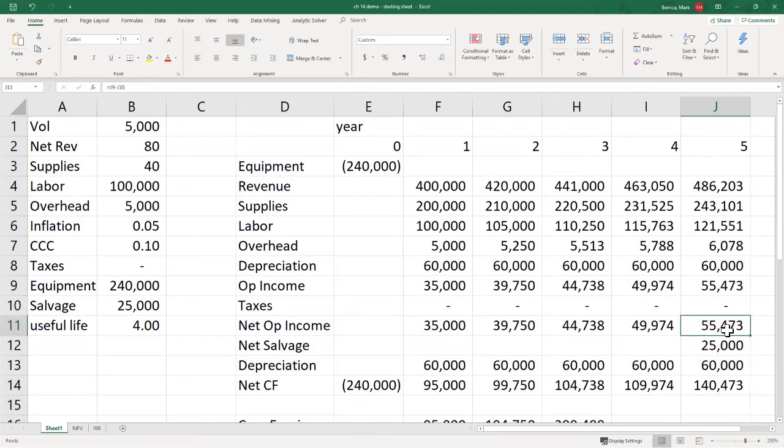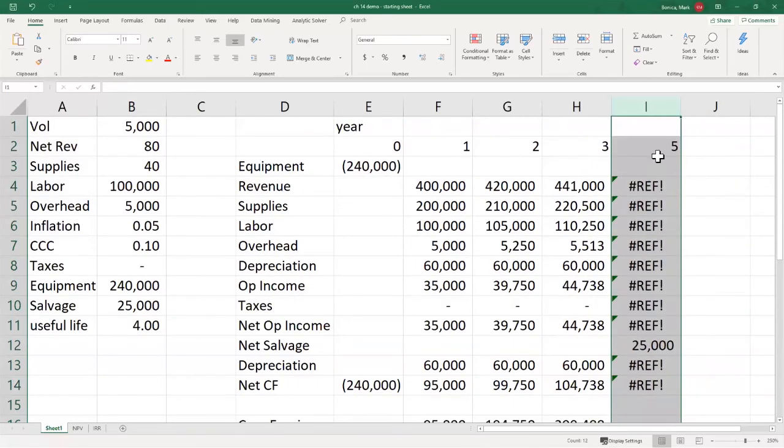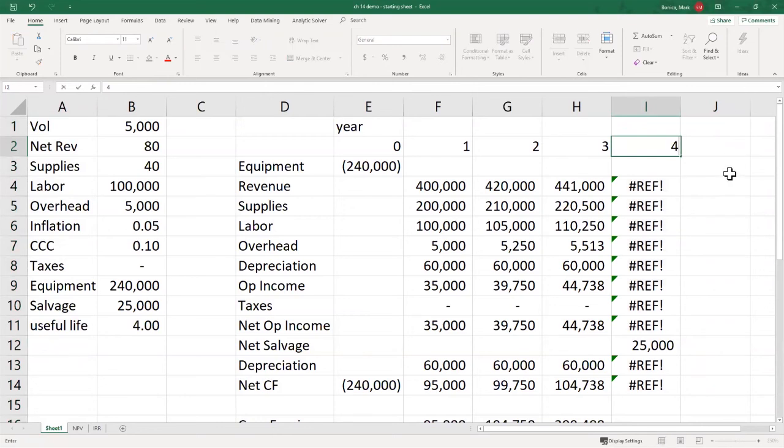So where do you deviate? Is it where the net operating income for number 4 is what we have? Wait, hang on. You have an extra column here. Oh, I have an extra column because I was working on it. I was working on something before you guys. Okay. That's why we don't agree.